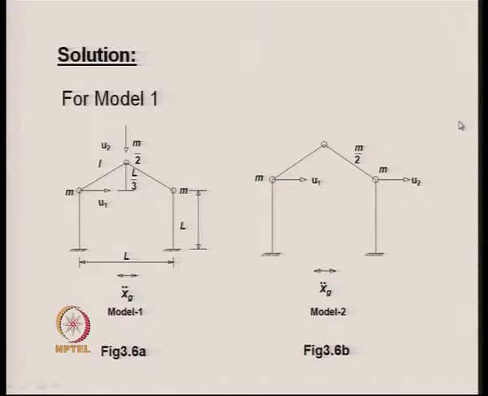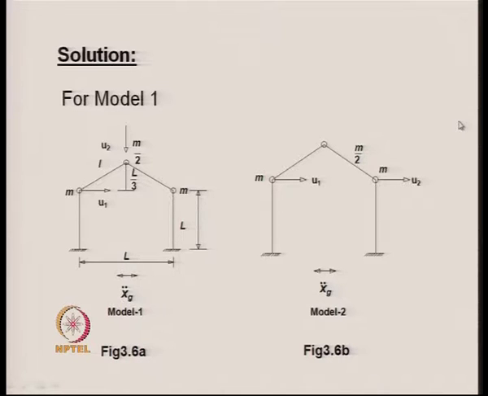The first model is this one, in which the kinematic degrees of freedom are the rotations at this point, this point, and this point, and if we assume the inextensibility of the members, then two translational degrees of freedom will exist, and one can choose them in different ways.